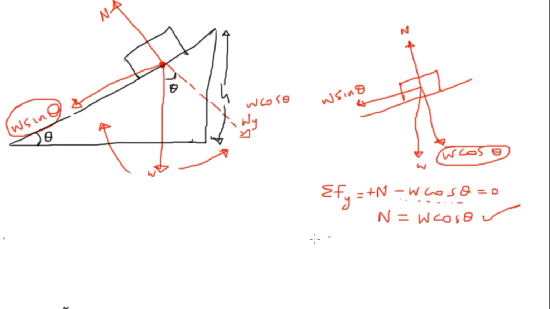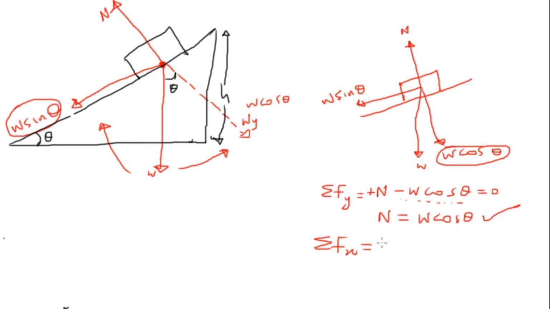Now let's consider the horizontal axis. This is the horizontal axis x, and this is the vertical axis y. On the x-axis, the only force that we have is w sine theta.